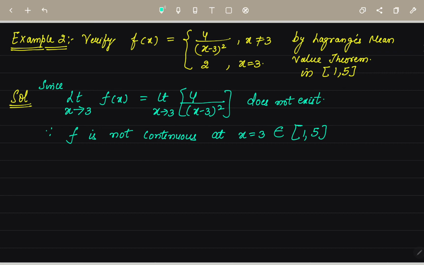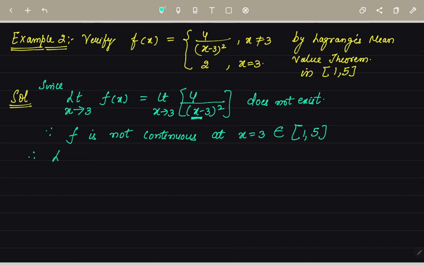So the first condition of Lagrange's mean value theorem fails, because when I put x equal to 3, then 3 minus 3 becomes 0 and 4 divided by 0 goes to infinity. So this limit does not exist, meaning this function is not continuous at this point.